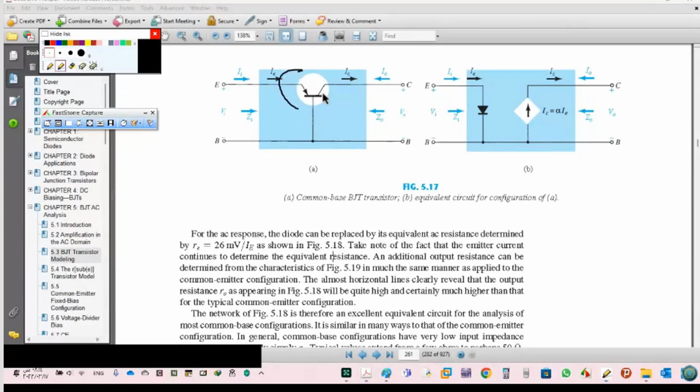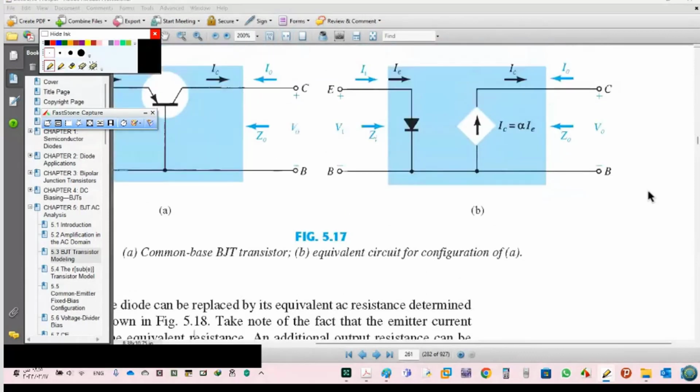I will change this with this diode. And here the basic IDC, excuse me, this one. Let's expand.